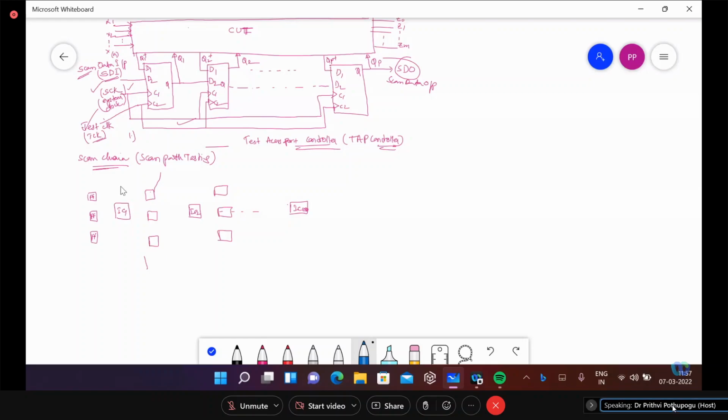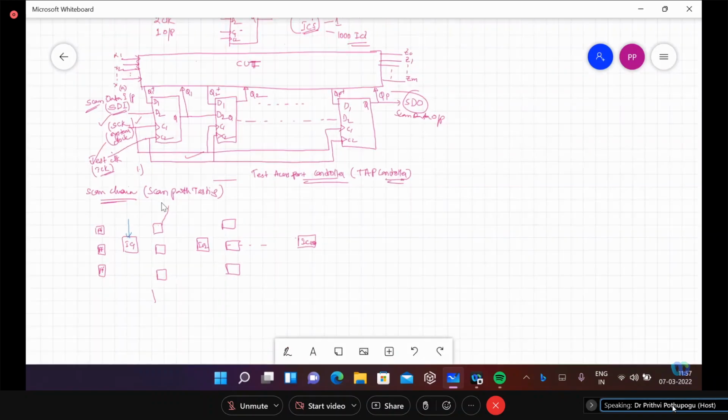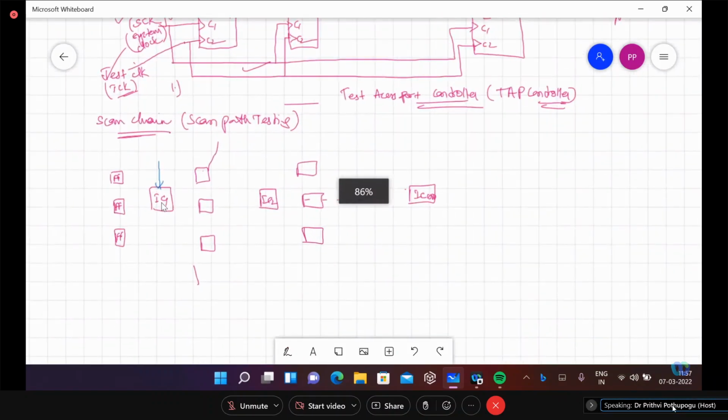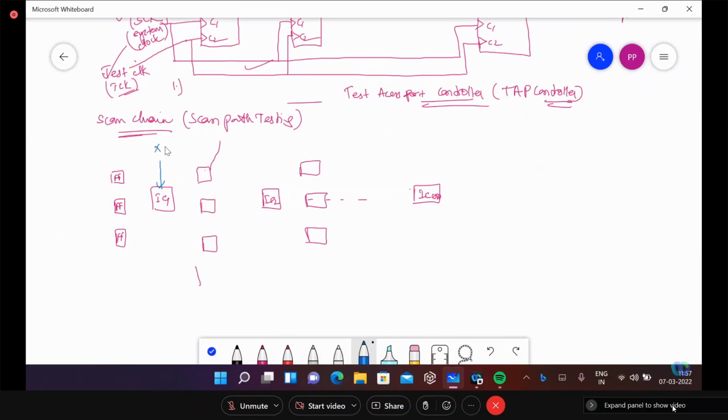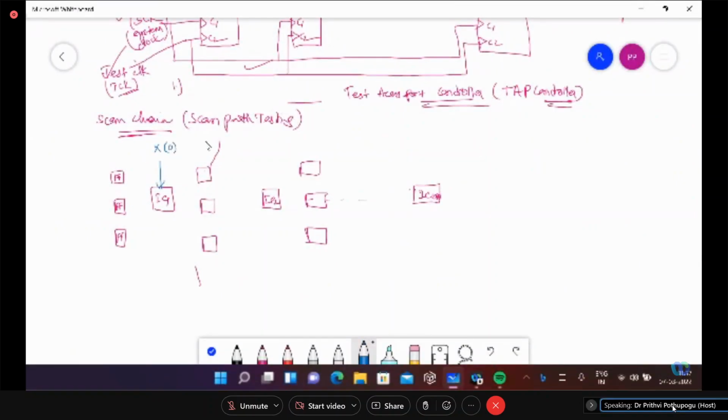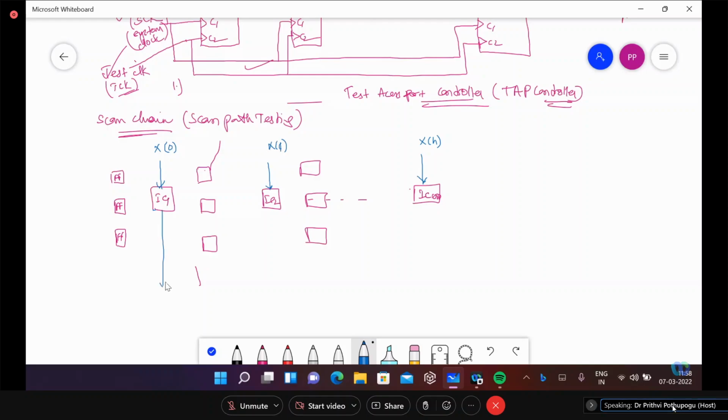If this is fed with external inputs x of 0, x of 1, and so on to x of n, it gives outputs z of 0, z of 1, and z of n.